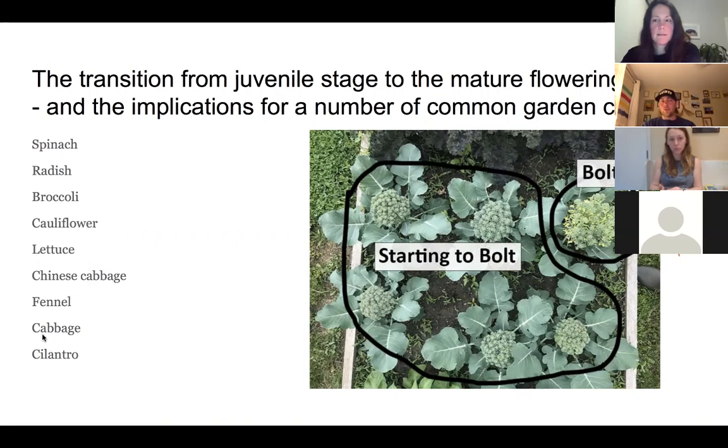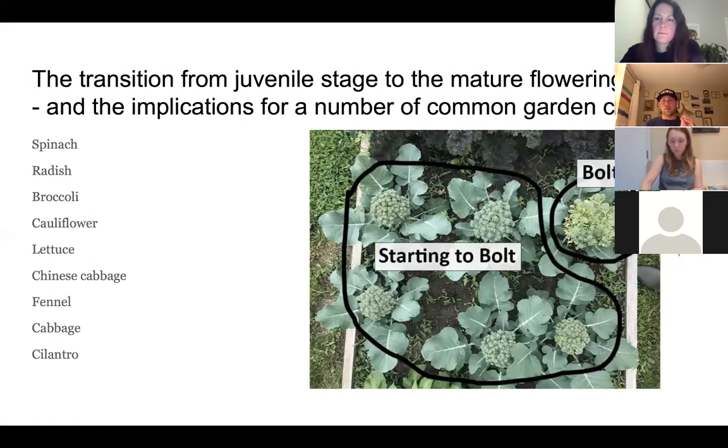One more example here at the bottom is the cilantro. When it's starting to move from its leafy vegetative state, where the leaves are perfect for eating, the leaves will change shape. They go from that lobed, sharp-toothed formation, and then as they move towards their flowering stage, the new leaves they produce are quite lacy.